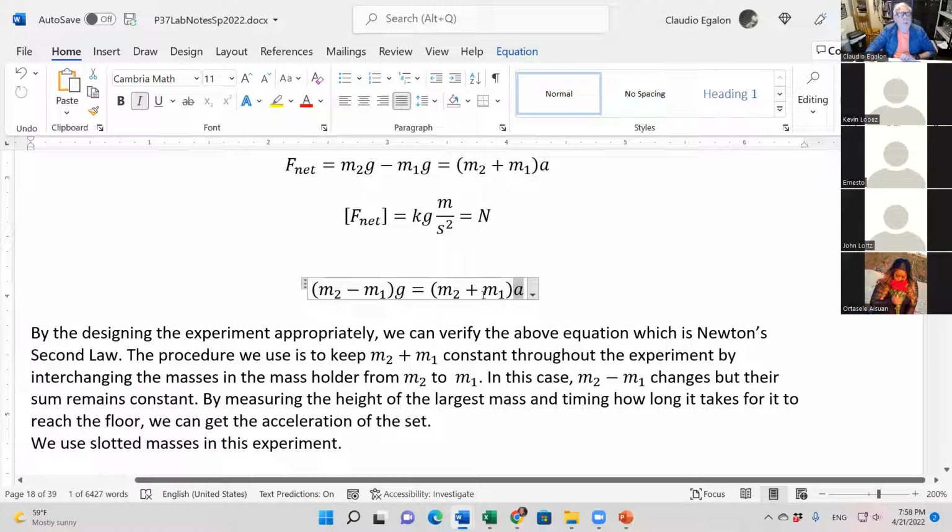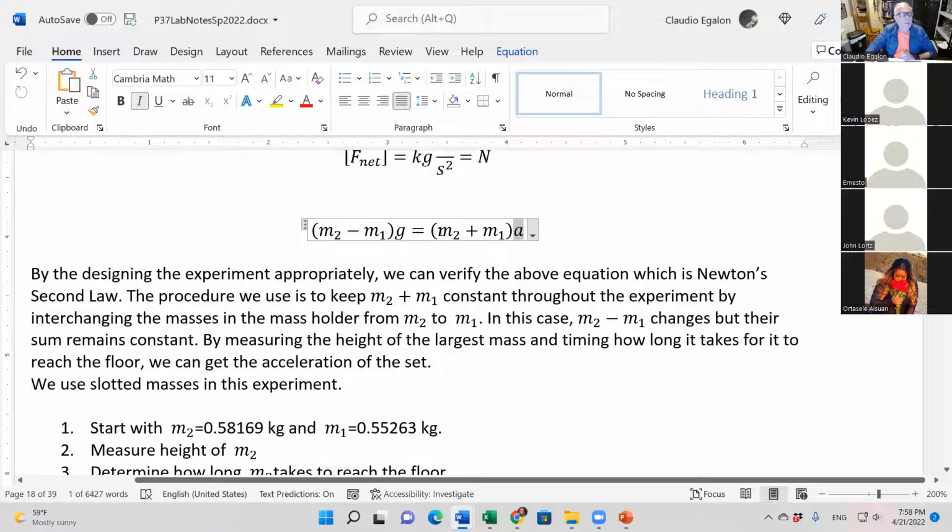So why do we keep M1 plus M2 constant? To get a straight line in your graph. It's a nice little trick that we teach students whenever they're doing experiments. So go ahead, plot the graph. Weight of 2 minus weight of 1 in the y-axis, A in the x-axis, get the slope and compare to M1 plus M2.